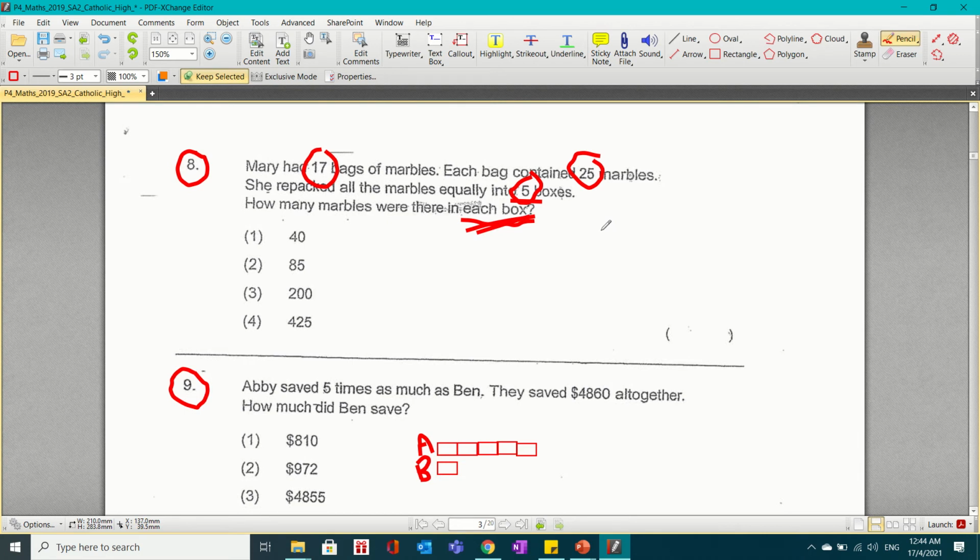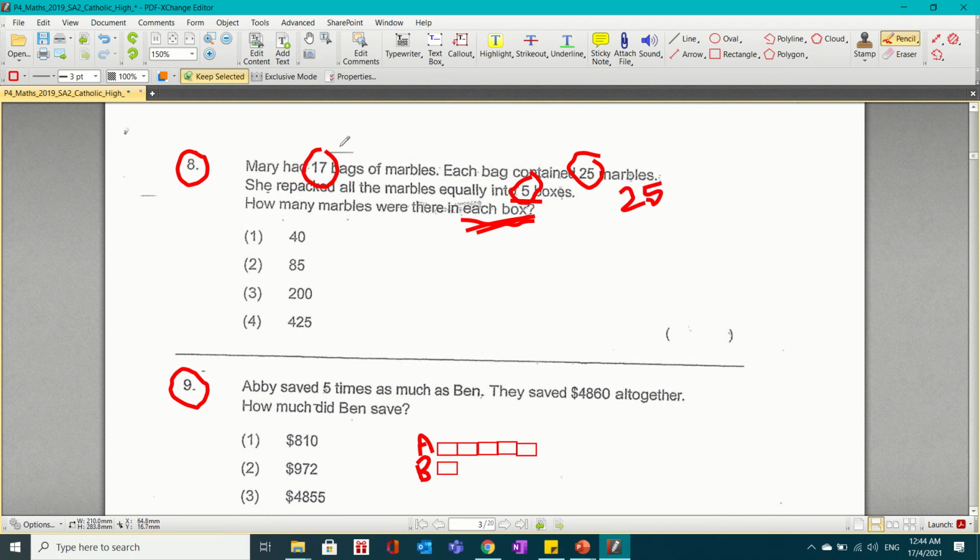But another option would simply be to do elimination, because if you think about it, 17 and 25 should give you a number that is in the high hundreds or early thousands, because 25 times 20, if you think about it, is just 500, right?